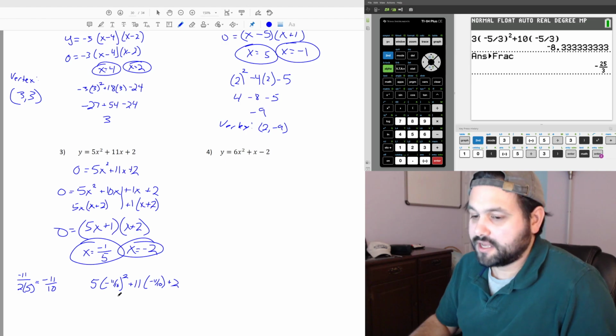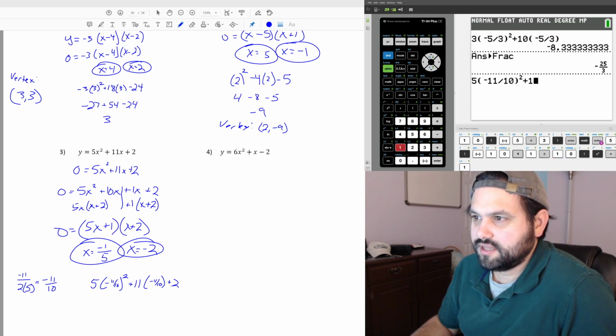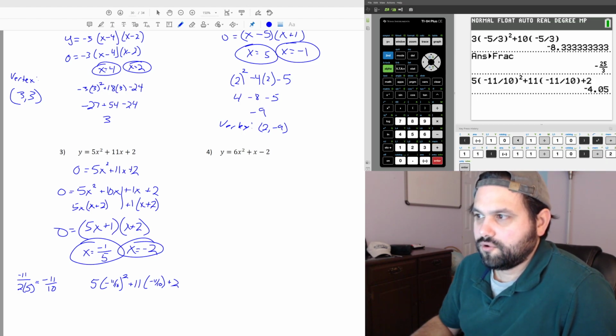So I'm going to turn to my calculator here and plug that in. 5 times 11 tenths squared plus 11 times negative 11 tenths plus 2. Negative 4.05.